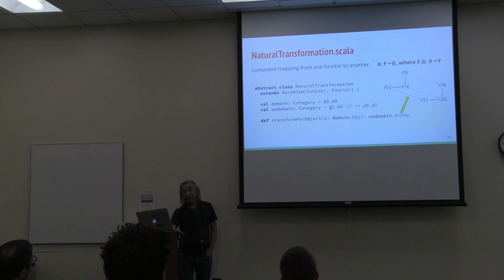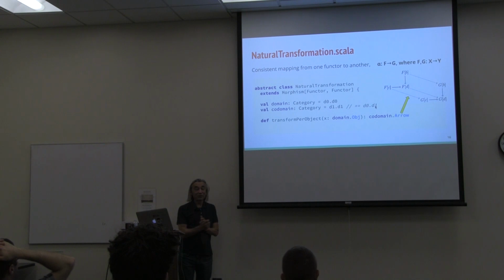And the codomain is where we go, this Y. And the problem is this should be equal to D1.0, and this should be equal to D0 D1. And there's no way to check this, except that we can try to validate, but it's a little bit problematic. And again, if it's a type, it could be a problem.